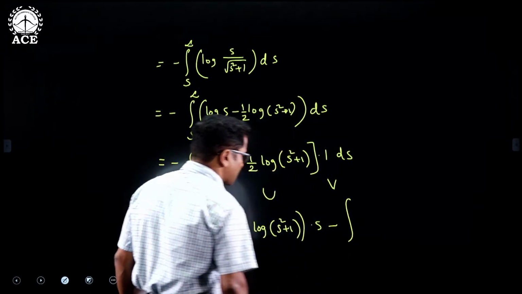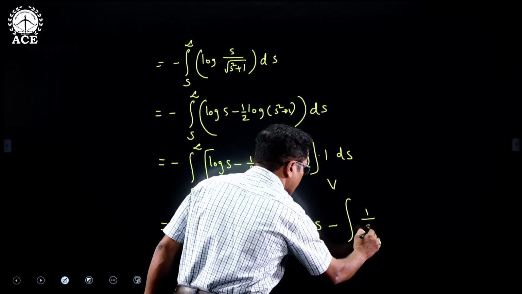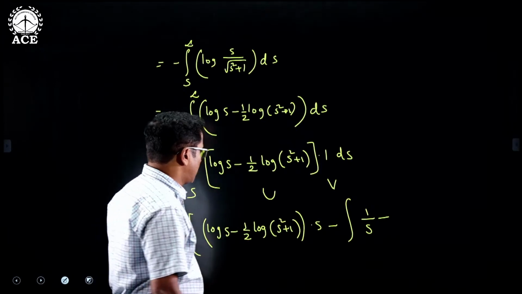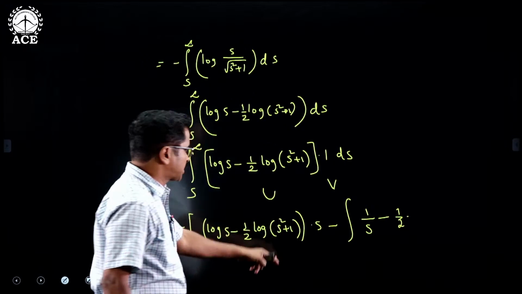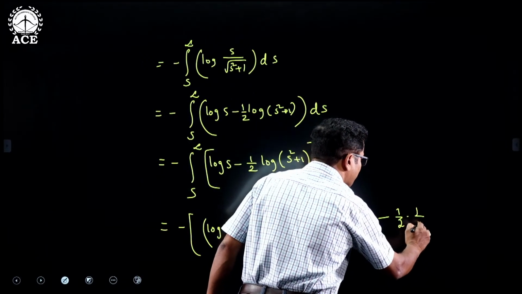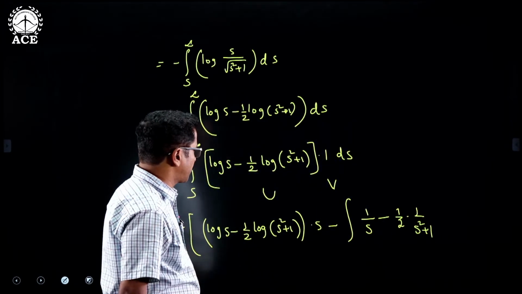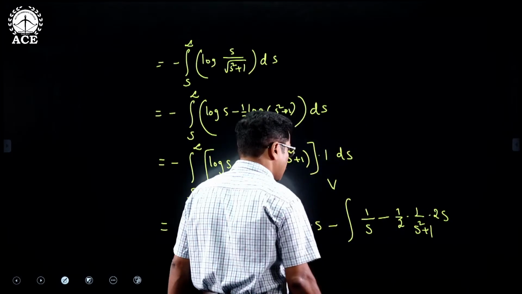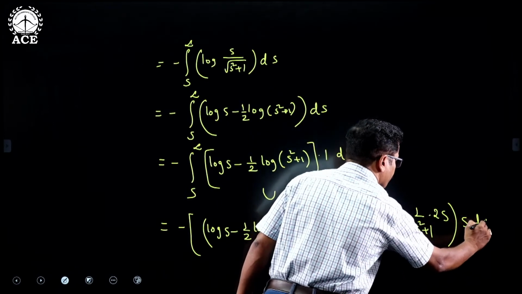minus integration of du, the differentiation of this: 1 by s minus 1 by 2 into the differentiation of log of s square plus 1, which is 1 by s square plus 1 into the differentiation of s square plus 1, which is 2s, into s ds.